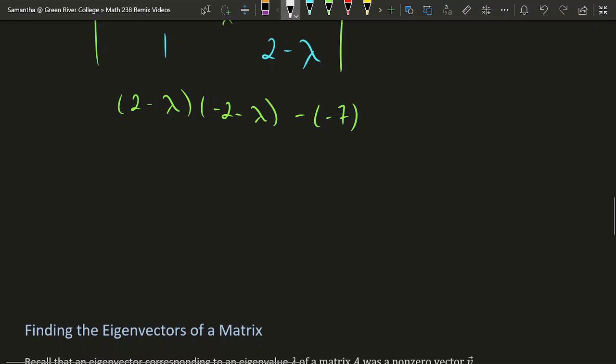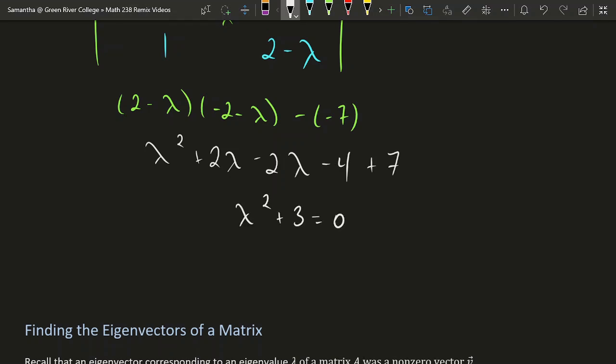I simplify, giving me lambda squared plus 2 times lambda minus 2 times lambda, and then minus 4. Then plus 7 in the back. And if I simplify that and set it equal to 0, I find that I have actually complex eigenvalues. Plus minus the square root of 3 times i from lambda squared equals minus 3.